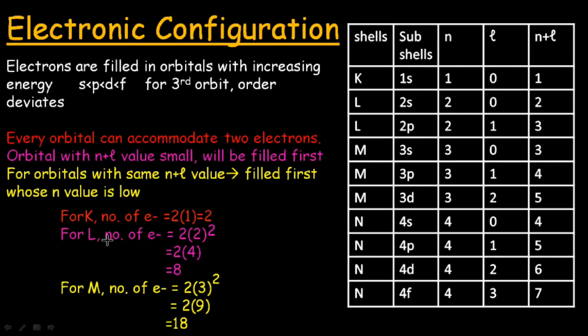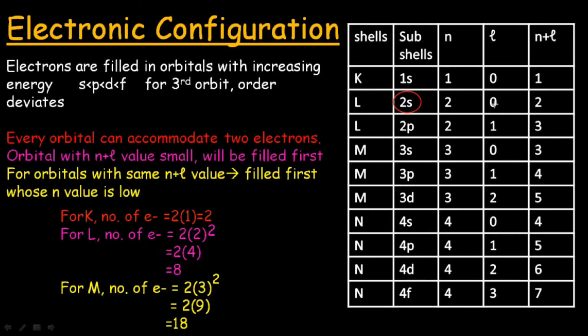On the other hand, for the L orbit, the number of electrons is 8. The principal quantum number for the L orbit is 2, and the subshell which will be filled first is definitely s, which has the least energy. The 2 represents that the s orbital is present in the second shell.